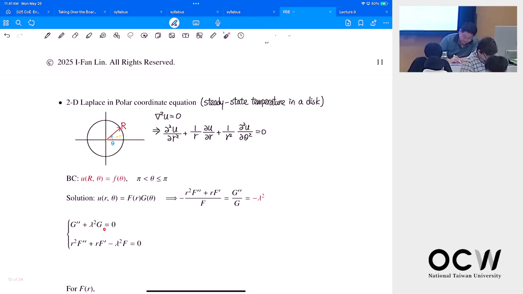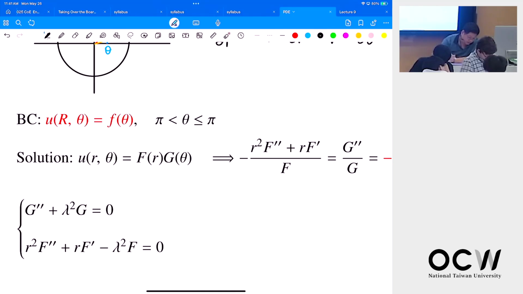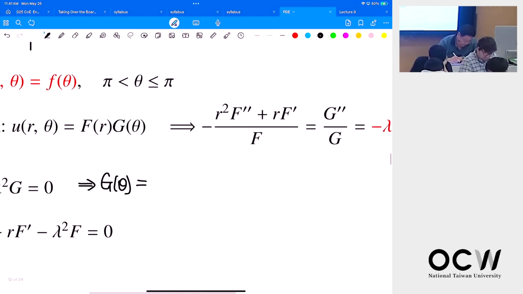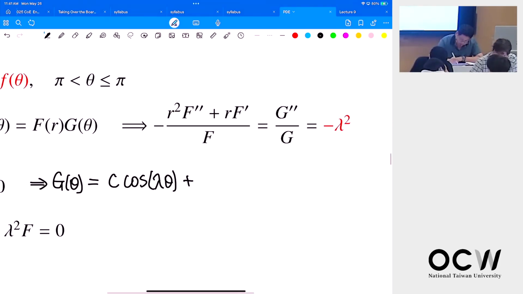So for these two differential equations, first for G, again, this G will be a combination of cosine and sine functions. So G of theta is constant C times cosine lambda theta plus D times sine lambda theta.